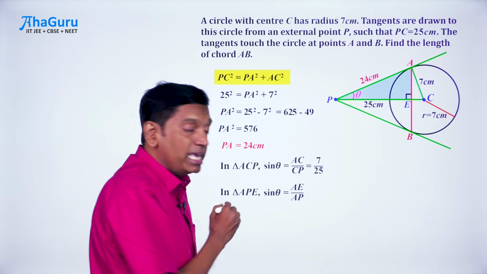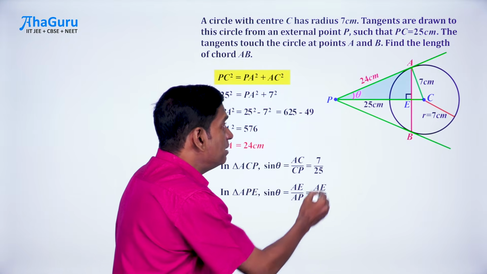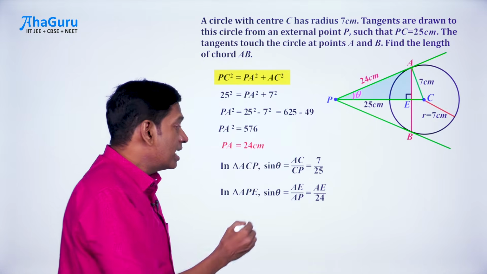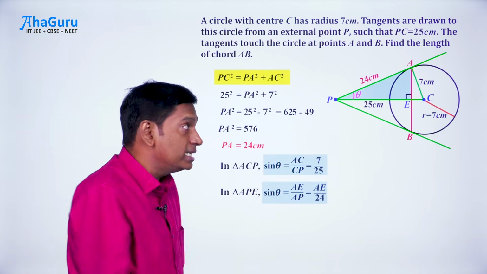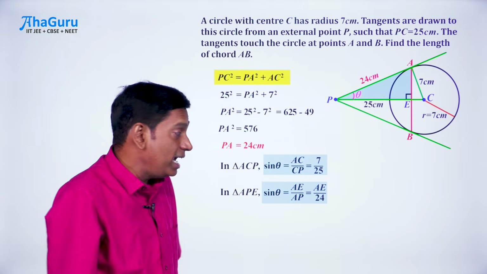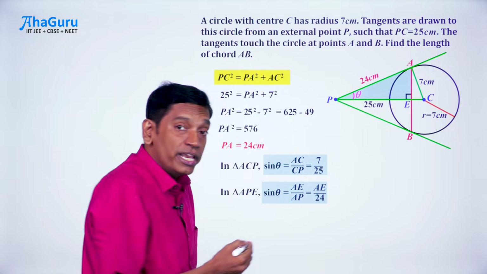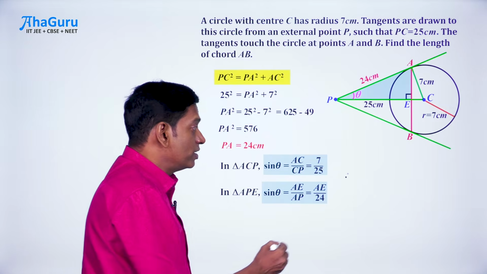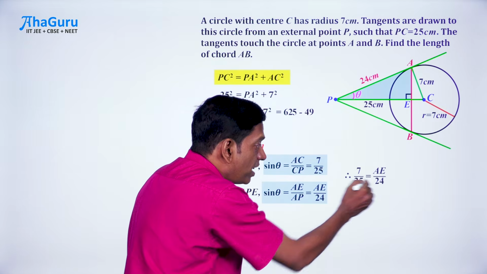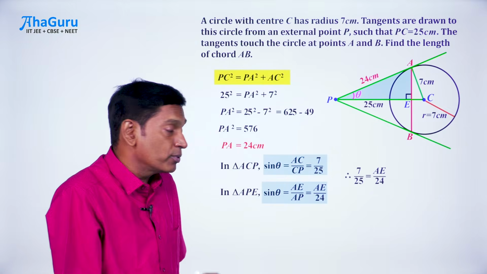So, it's AE by AP, which is AE by 24. Now, look at these two expressions. Both are the same sin theta, it's the same theta, and that means these two ratios have to be the same. So, we can conclude that 7 by 25 equals AE by 24.